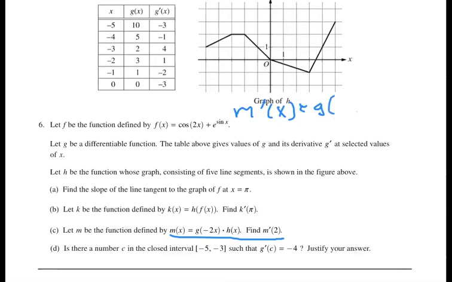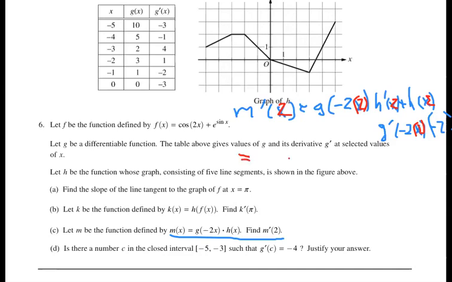So it's first term, derivative of the second term, plus the second term, derivative of the first term, which is going to be g prime -2x times -2. And now we're going to plug in 2 here, 2 here, 2 here, 2 here, and 2 here. So let's try this again.